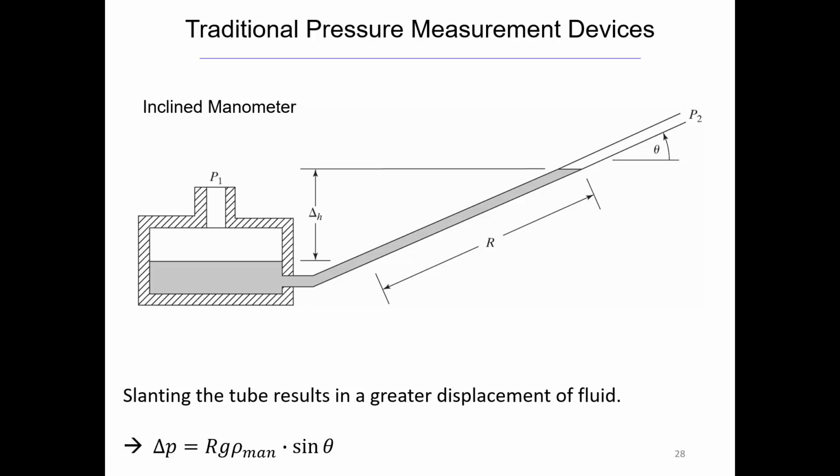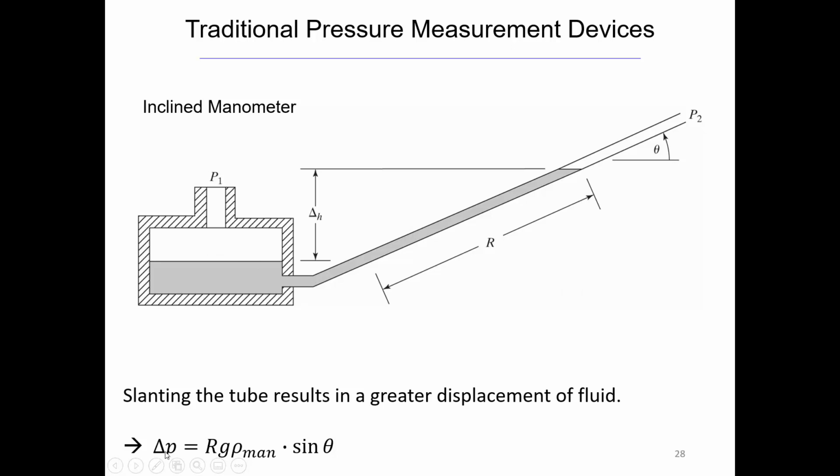Slanting the tube results in a greater displacement of fluid. So in the other one, where we would have gotten this change in height, we get a small change. Instead, we'd end up getting something like, what is this? This looks like a little more than twice as much as this. So we get more output, right? We're getting more displacement per the input, the pressure change. So we get a higher sensitivity.